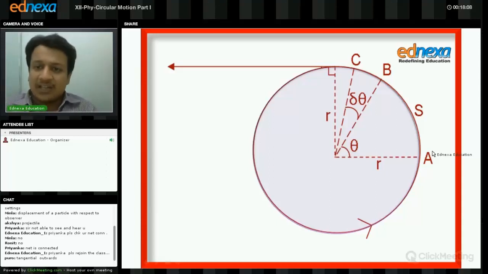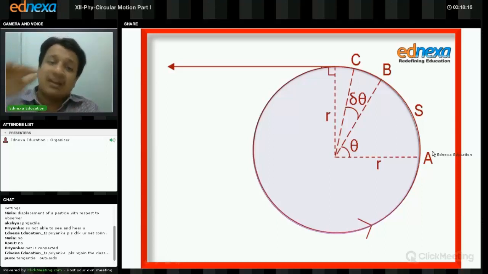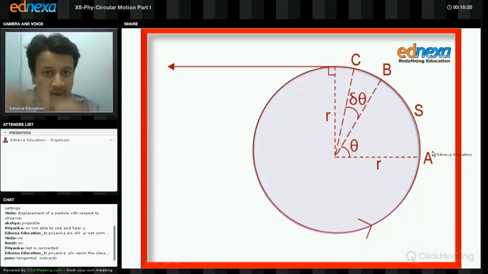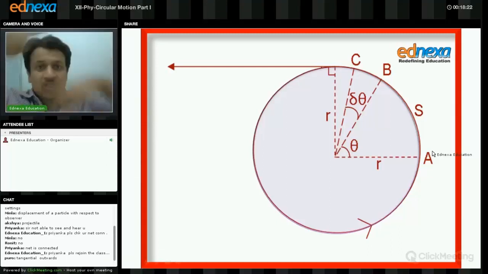One more example we can discuss, that is you are traveling through vehicle and suppose your vehicle will pass through mud, then mud particles will stick to the wheel. Is it right? Wheel is rotating like this way.